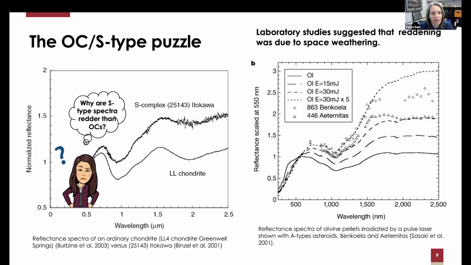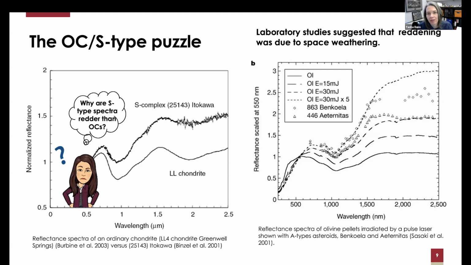What you're looking at here on the right-hand side is just one example. This is a study from Sasaki et al. 2001. They took olivine pellets and irradiated them with a pulse laser, to mimic high-velocity micrometeorite impacts. They showed that the olivine spectra get redder as they are irradiated for longer periods of time.